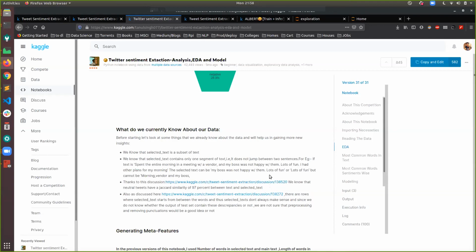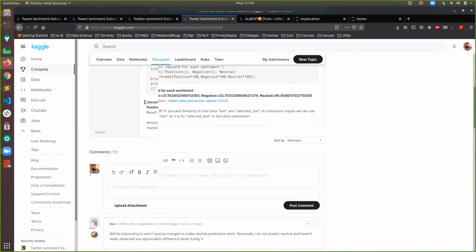Same is the case for negative. When you are classifying the neutrals, you should classify the whole text in this context, right? No, you're not classifying, you are extracting spans. So span the whole. What this is saying is, for the neutral tweets, the selected text and the actual tweet are basically the same. Yeah, I get you. It's the whole thing. One guy was saying, this came from this discussion.